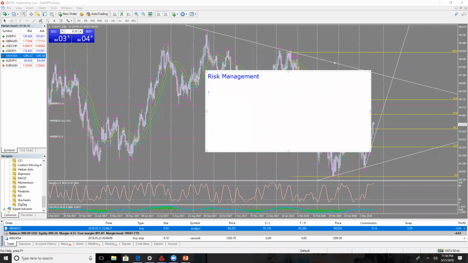So you only want to put one penny lot for every $100 you have in the trade. And when you're setting your stop loss, it's very important that you make sure you never lose more than 3% in one trade.